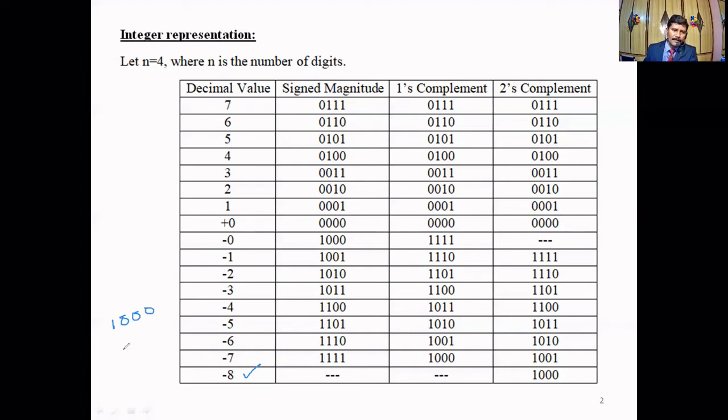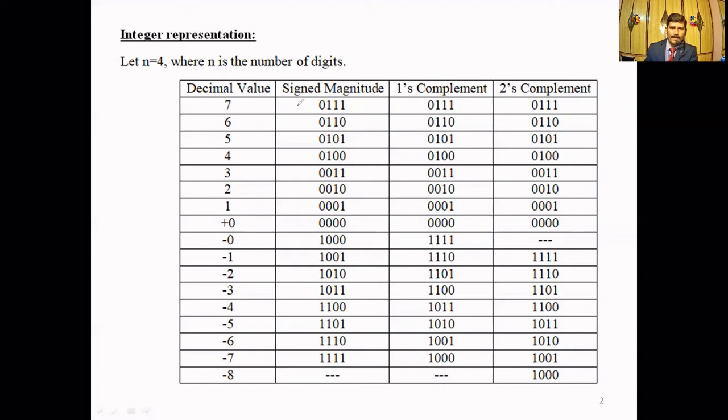What is the 1's complement of this? 0, 1, 1, 1. What is the 2's complement of this? Plus 1. 1 plus 1, a 0, a carry. 1 plus 1, a 0, a carry. 1 plus 1, a 0, a carry. 0 plus 1, 1. So this is possible. It is still a negative number. So that's why 1, 0, 0, 0.